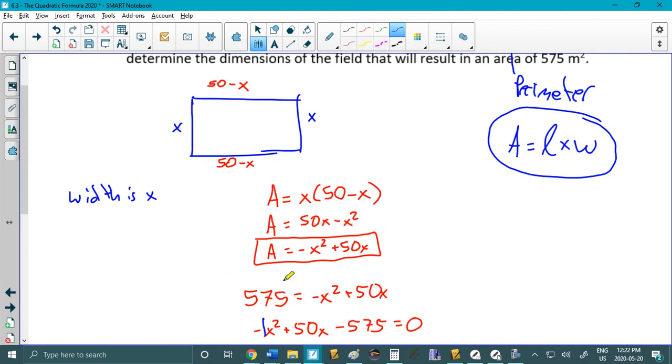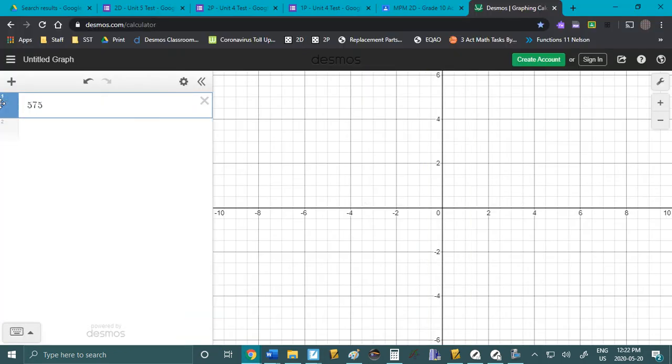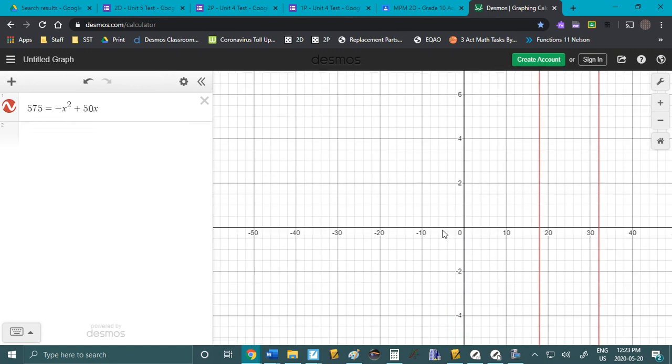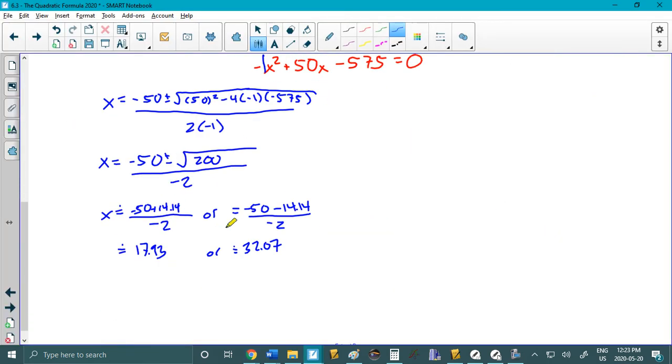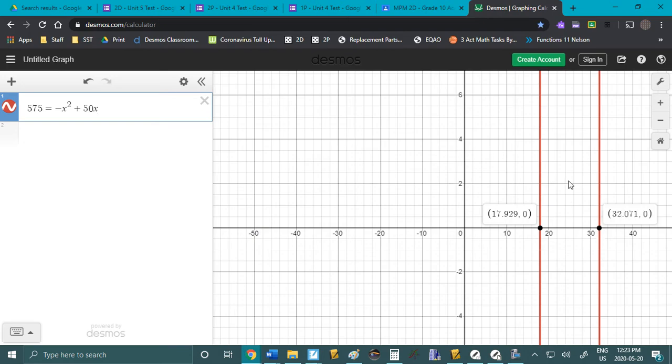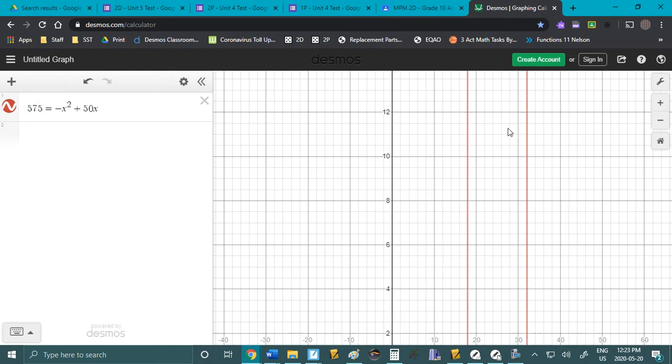Let's check this in Desmos. So we had 575 equals negative x squared plus 50x. Okay, and here's our answers. 17.93, yeah, and 32 point, yeah, awesome. Okay, cool.